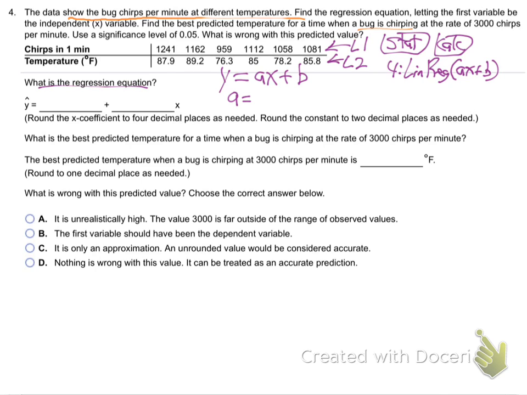It tells me the a is 0.0476, and it tells me the b on my calculator is 31.26.